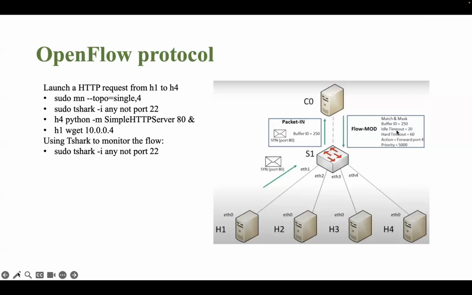The idle timeout means if there is no active similar packet from H1 to H4, the rule will be removed after 20 seconds. So if there is an active similar packet from H1 to H4 within 20 seconds, the rule will not be removed. But there is another timeout, the hard timeout, which means after 60 seconds, remove the rule, remove the flow entry.